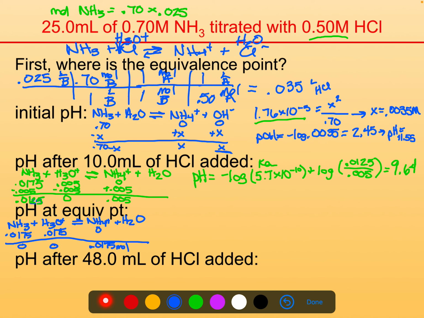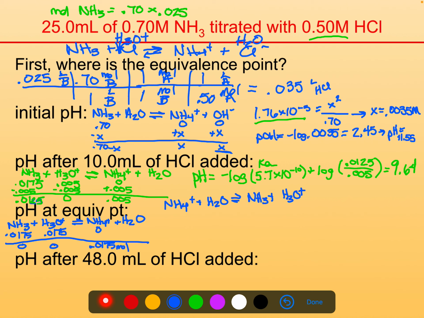Here's where we said it has to go through a second ICE table, because the ammonium will go through hydrolysis and react with water. So the reaction flips, and it will end up making some of the weak base back with some acid particles.